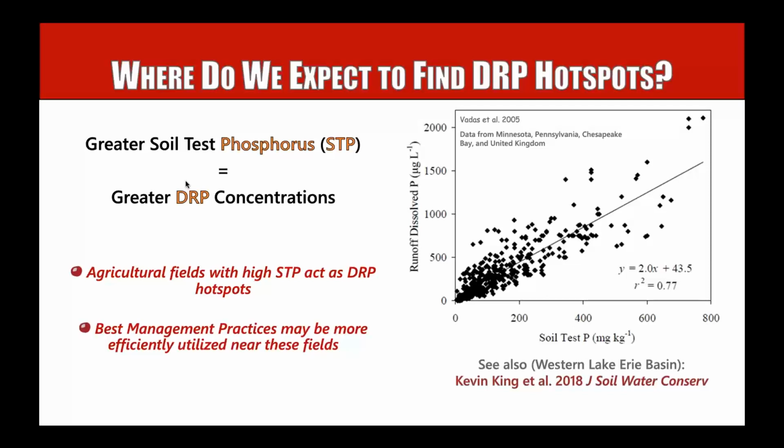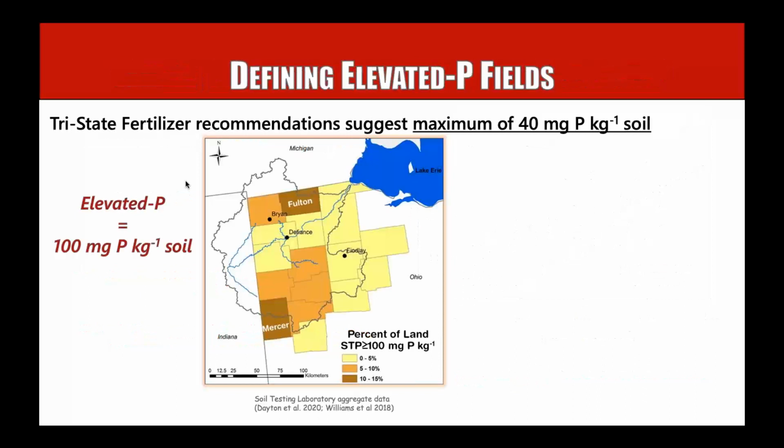And lastly, the best management practices should be more effective at these sites, like I showed you with the results from the watershed modeling. So we also know that these sites exist in the Western Lake Erie Basin, and we know that because of the soil results from soil tests that farmers submit to soil test labs.